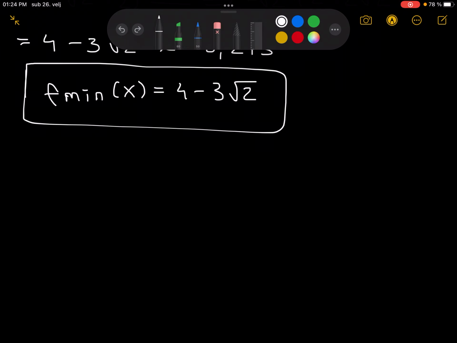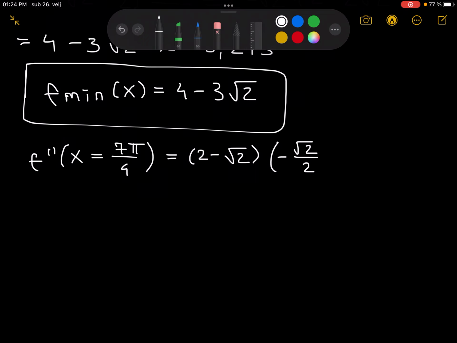So f double prime of x, which is equal to 7 pi over 4 in this case, is equal to 2 minus the square root of 2 minus the square root of 2 over 2 minus the square root of 2 over 2, and this is just the same as 2 minus 2 times the square root of 2, and this is obviously less than 0.